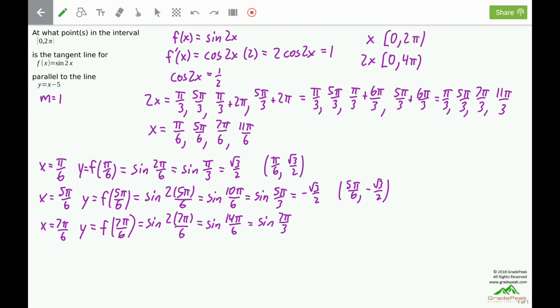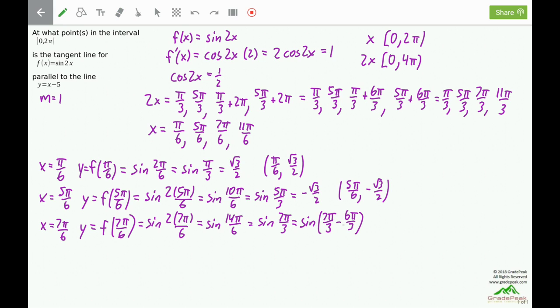So we need to get the equivalent of this back into the 0 to 2 pi range to make use of the unit circle. So we're going to subtract 2 pi from it. So I'm going to take 7 pi over 3 and subtract 2 pi, but I'll write that as 6 pi over 3.